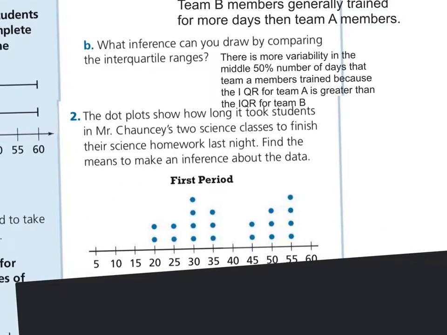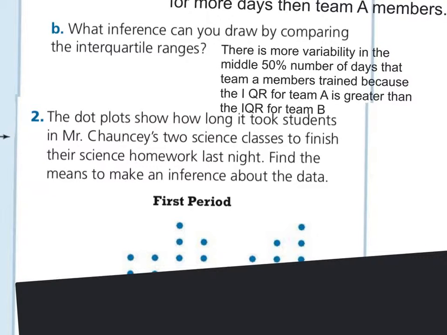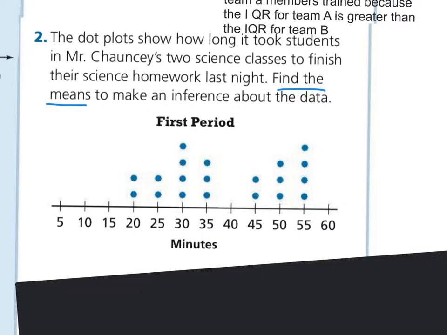And number 2, the dot plot shows how long it took students in Mr. Chauncey's 2 science classes to finish their science homework last night. Find the means to make an inference about the data. Okay, so we have to find the mean, which means we have to add all these together and then divide by how many numbers there are.